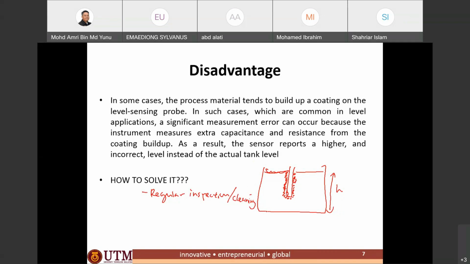There are other methods like reverse electrolysis, which allows the deposited material to detach from the electrode, but that requires some circuitry or injection of current into the electrode.